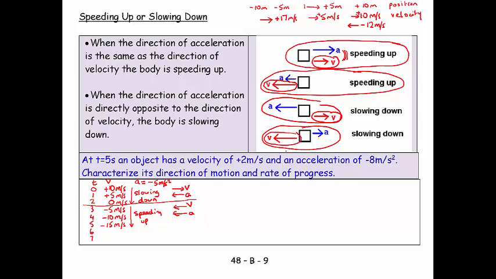So, the direction of the velocity tells you your direction of motion, and a comparison between the direction of the velocity and the direction of the acceleration tells you whether you're speeding up or slowing down. If they're pointing in the same direction on the number line, you're speeding up. If they're pointing in opposite directions on the number line, you're slowing down.